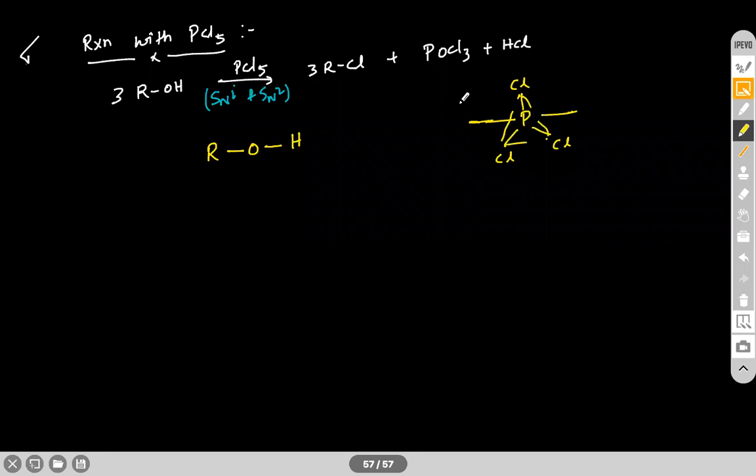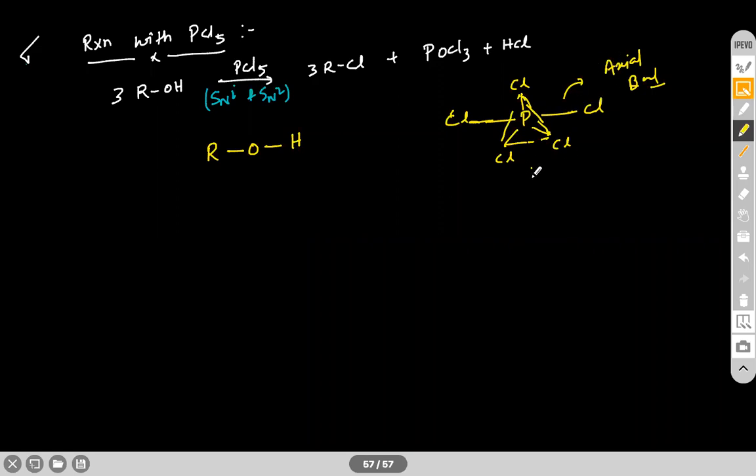This is a trigonal bipyramidal structure. We have 2 axial bonds, and you know axial bonds are longer and weaker. Okay, 2 types of bond we have, axial and equatorial. These 3 bonds in the plane of the triangle are equatorial. These 2 are axial bonds, which are weaker.